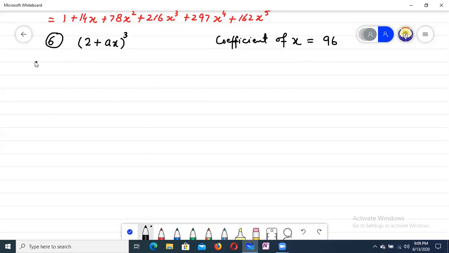Now first of all we will expand this, as here one term is 2 and the other term is ax.